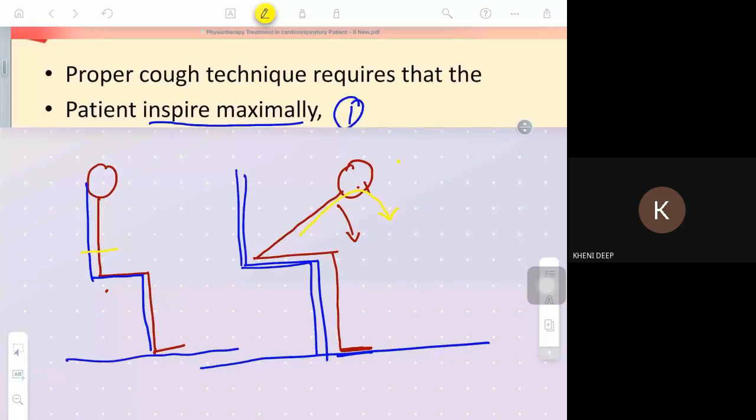When you are sitting straight, the abdominal contents are relaxed, the diaphragm is relaxed, and if the patient is coughing, he cannot cough properly. But if you are bending forward, the abdominal contents are compressed and the diaphragm slightly raises up so that the expiratory effort can be maximum. So that is the advantage of this position.